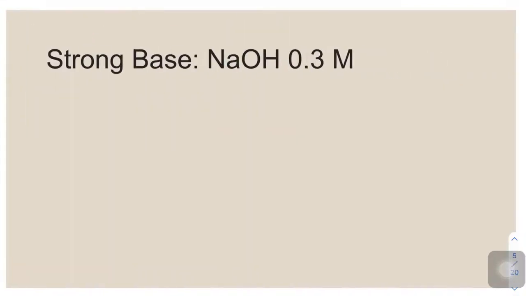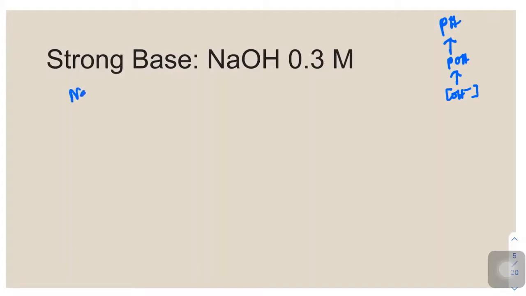The next one is to calculate the pH of a strong base. For a base, we start by calculating the pOH. To calculate the pOH, we have to know the concentration of the hydroxide ion that is liberated. For a strong base, it is the same as the strong acid just now.